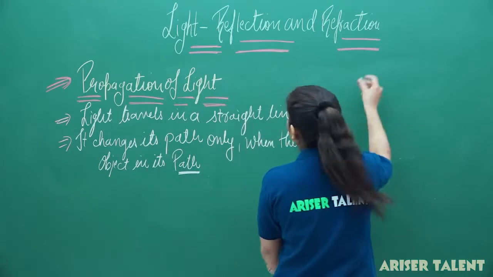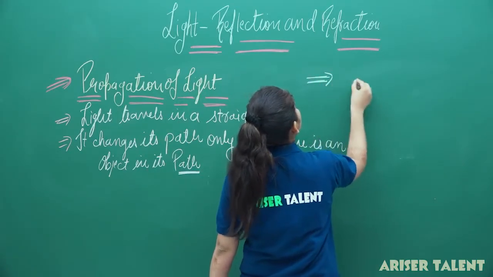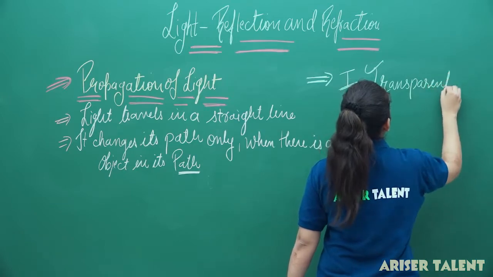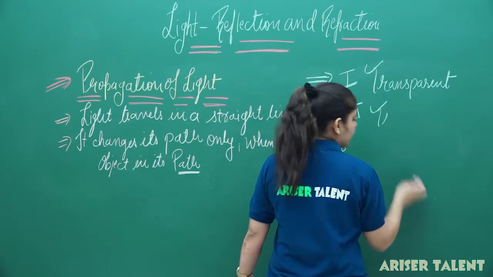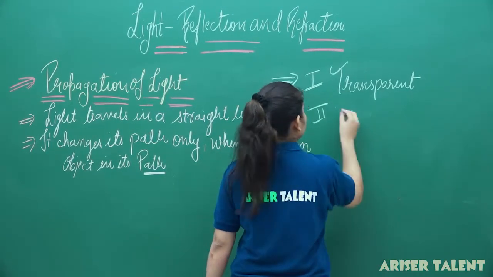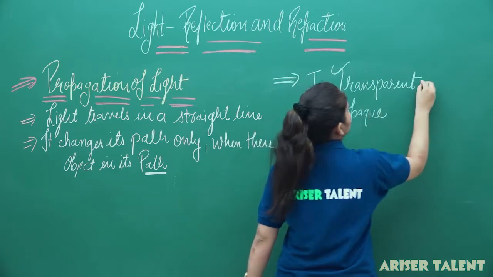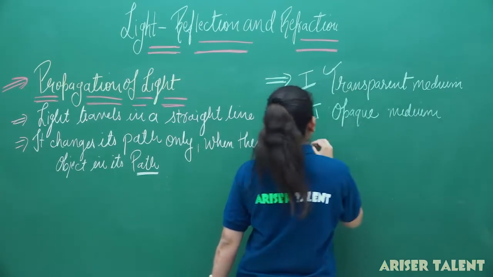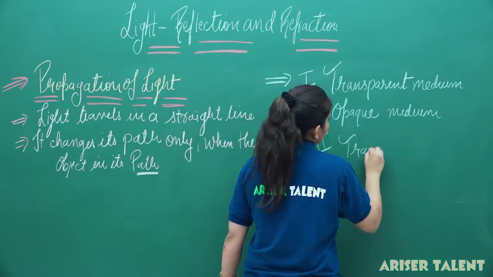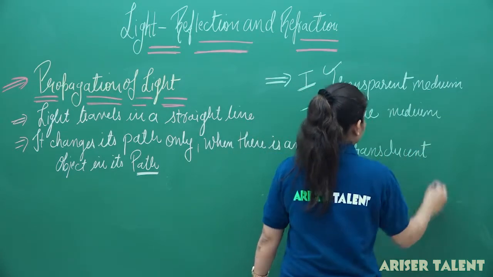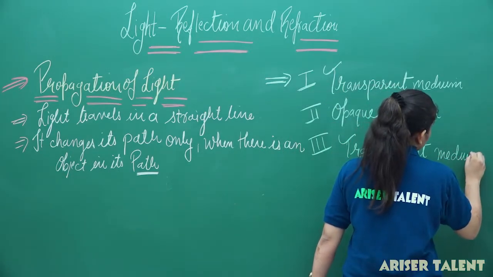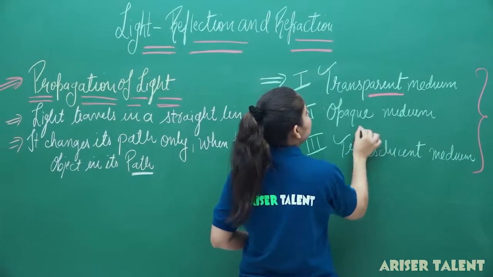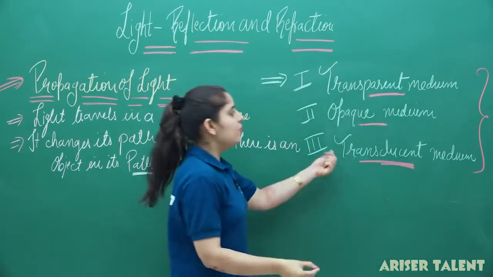So you have to study these three mediums for the propagation of light. These are the three kinds of medium for the traveling of light.